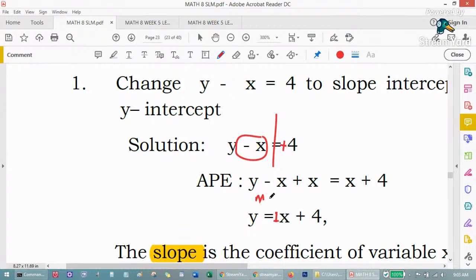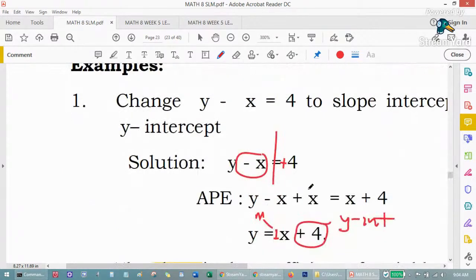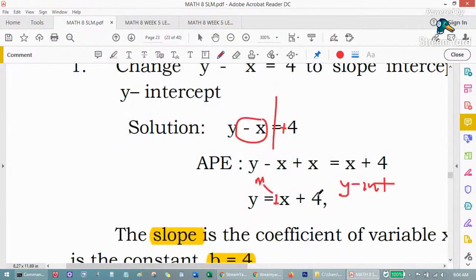So, ito yung m mo, yung 1. And then, this is the y-intercept. Positive 4 is the y-intercept, yung b. Tama yung sign.